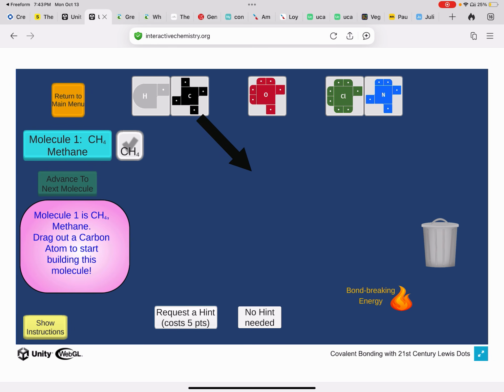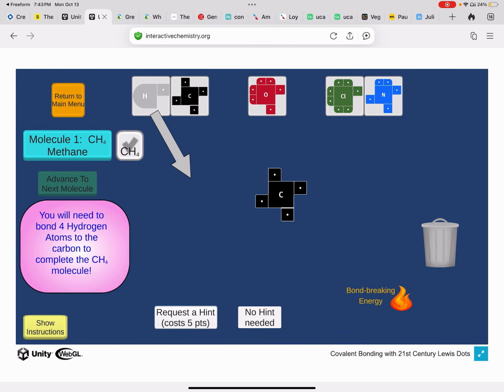It's in pink. It's asking you to drag out carbon atom to start building the molecule. So I drag out carbon, and then it asks me, and again I'm reading what's in pink, you need to bond 4 hydrogen atoms to carbon, to make a CH4. So let me get 4 out.